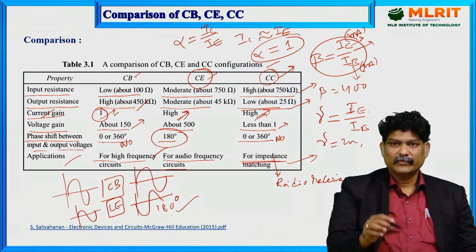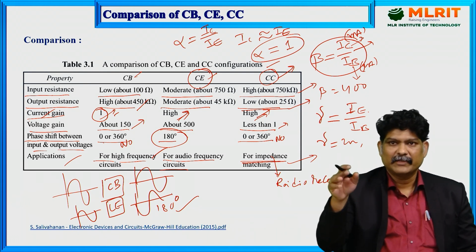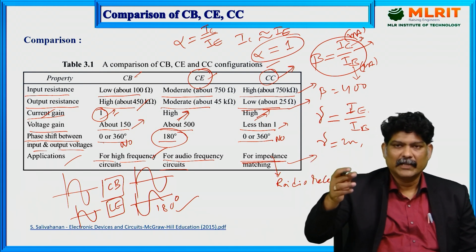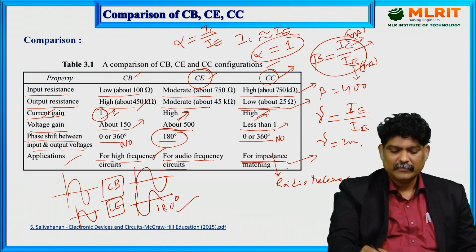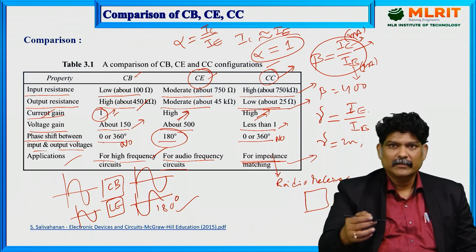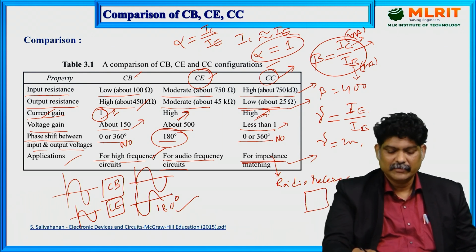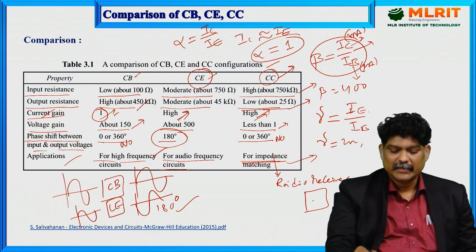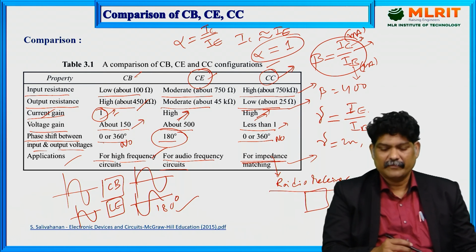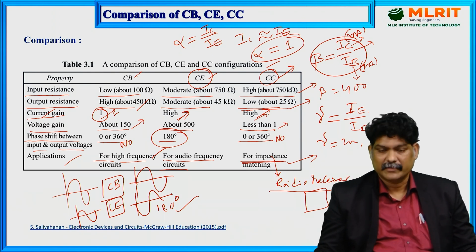The signals transmitted to the receiver have a different impedance, so the receiver circuit has to maintain a particular impedance that matches the received signal. In such cases, that means RF receivers, the common collector configuration can be utilized.